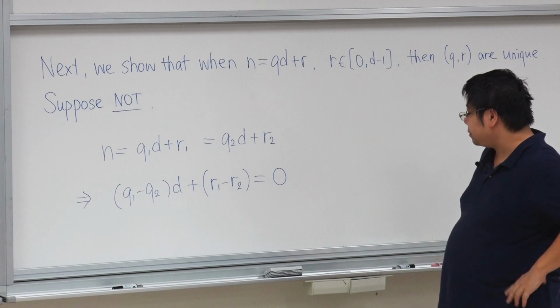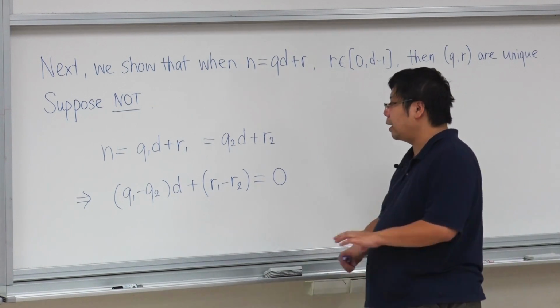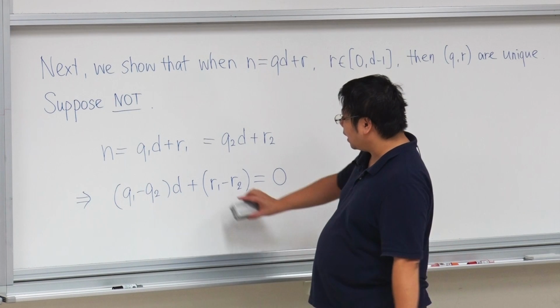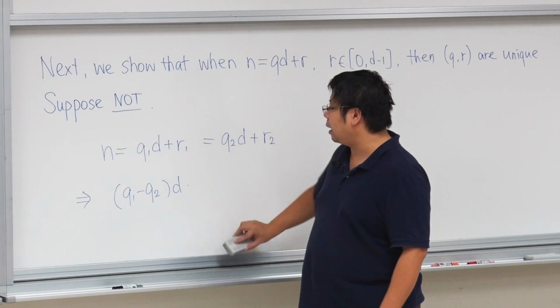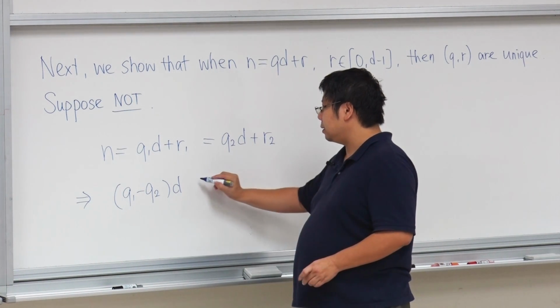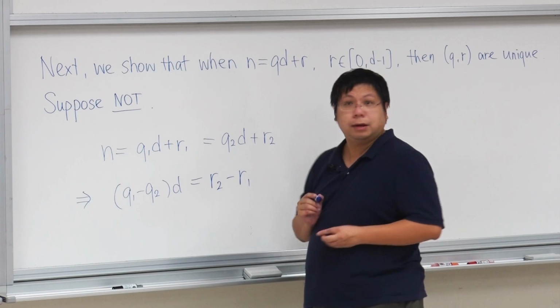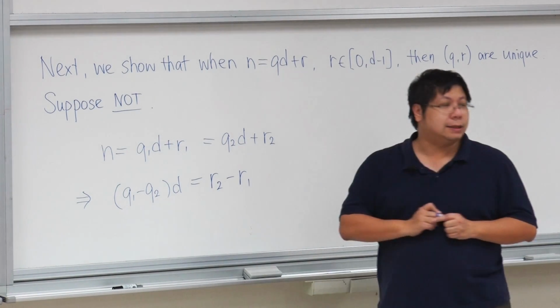Then what do we have? We put r2 and r1 on the other side, so this is equal to r2 minus r1. Is that okay? Now, what is the range of r2 minus r1?